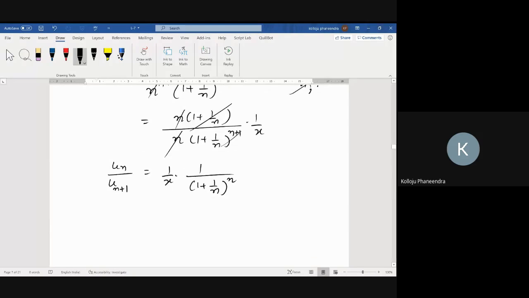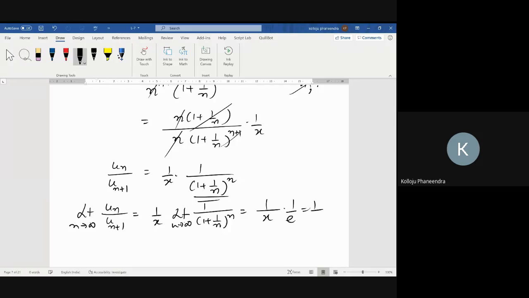Now limit un by un plus 1 as n tends to infinity. This value is 1 by x, and what is this value? Limit n tends to infinity 1 by 1 plus 1 by n whole power n, that is 1 by e.